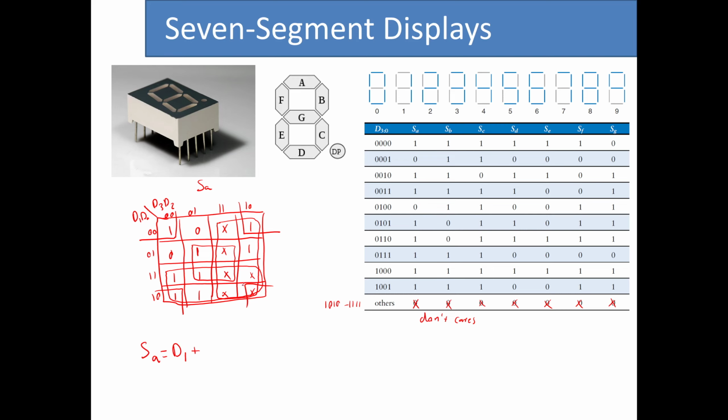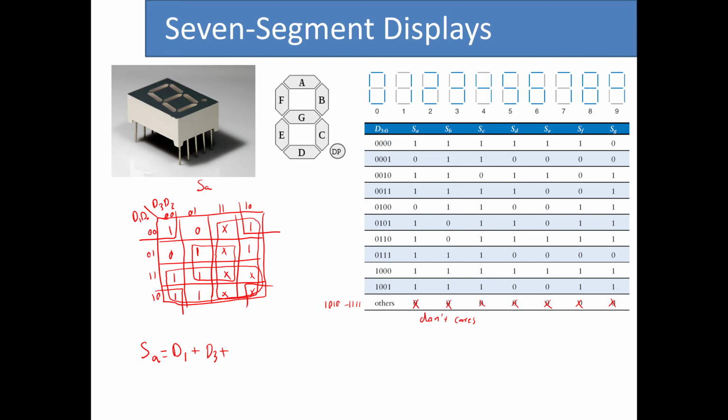For this one, the value for D3 is always 1, so I have D3. The value for D2 is both 1 and 0, so I don't include it. The value for D1 is both 0 and 1, so I don't include it, and the value for D0 is both 0 and 1, so I don't include it.